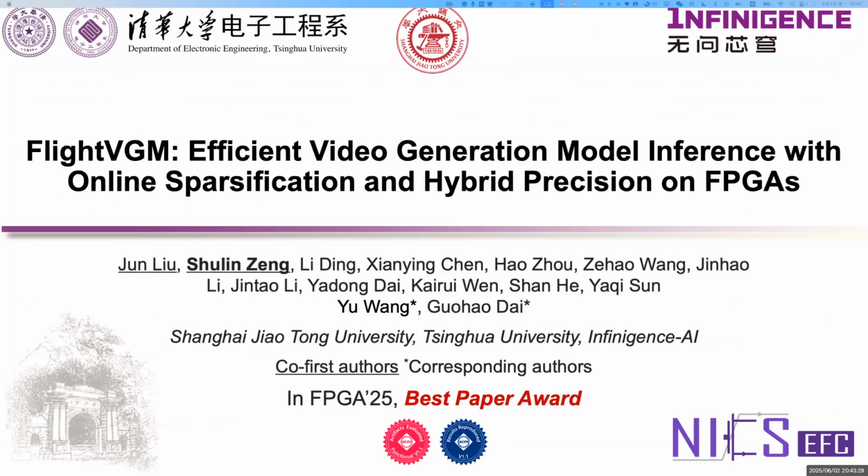As I mentioned before, LLM is more memory bound, and it still has a large gap when compared with GPU in the prefill stage. So is there any chance that we can use FPGA in those compute bound scenarios? We try to answer that question in this work.